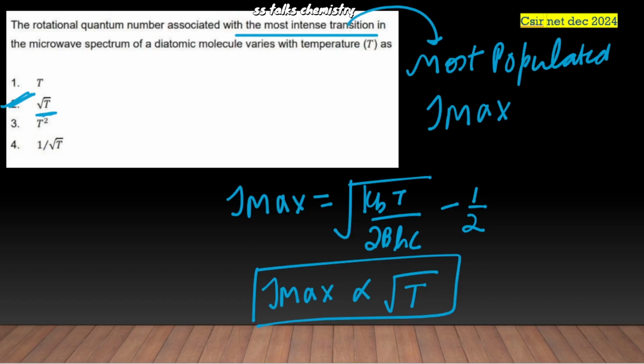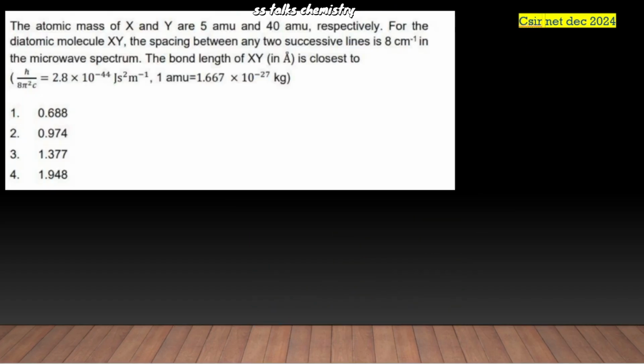Okay, next question, now it's December 2024. The atomic masses of X and Y are 5 atomic mass unit and 40 atomic mass unit respectively. So for X it is 5 AMU and for Y it is 40 AMU.